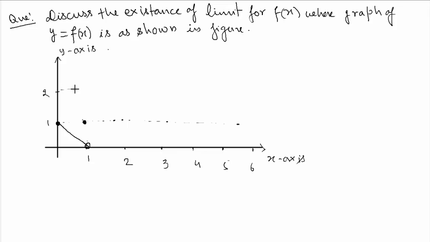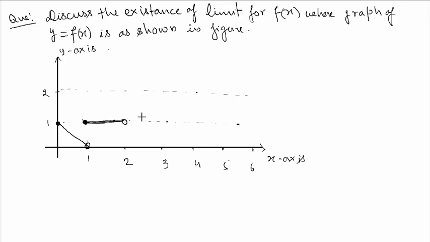Let us make a same height line. So at 1 it is 1, at 2 it is an open circle, and this is the situation.